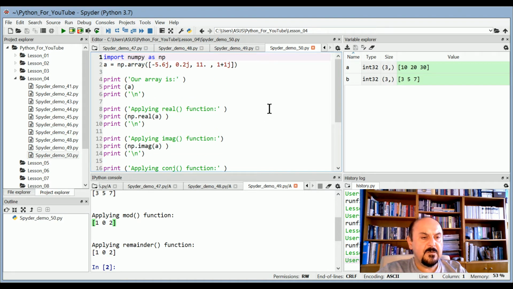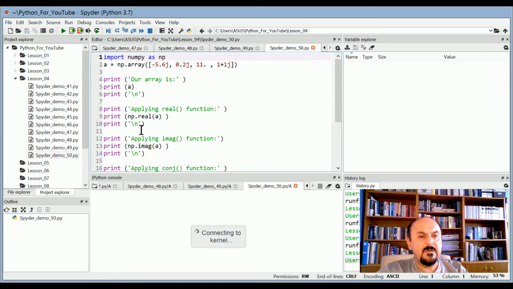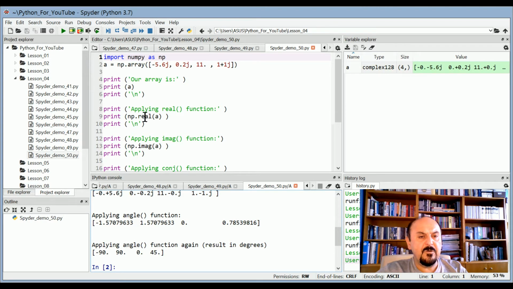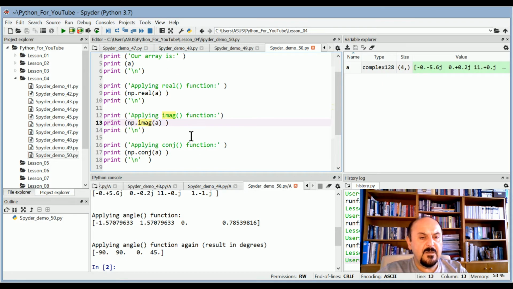This is our next example. Here I define an array including complex numbers, complex elements, and at first I print our original array, and I'd like to show you how to show the real part of these complex numbers, with the keyword real, and for the imaginary part the keyword is imag.